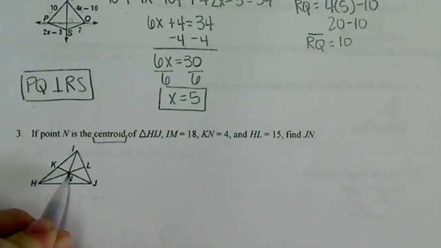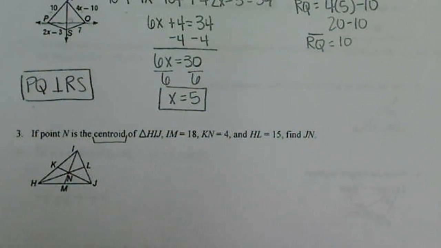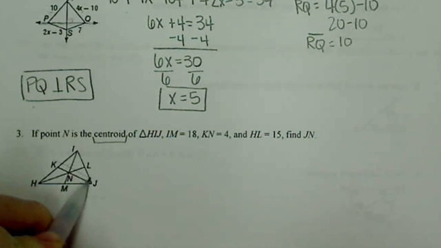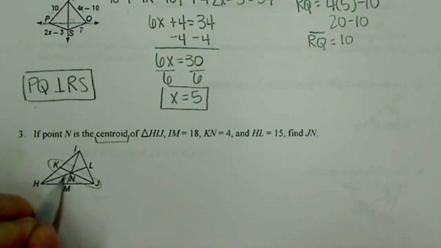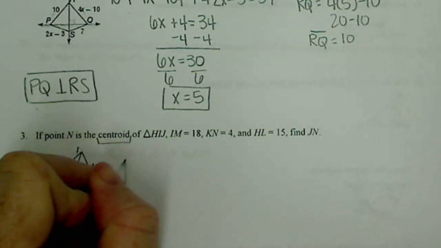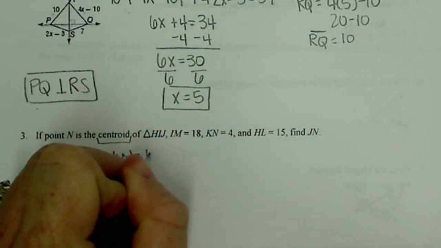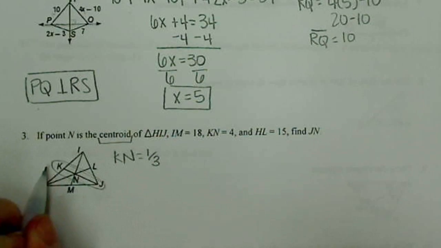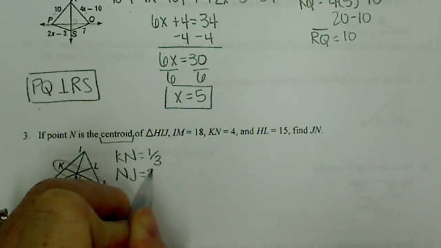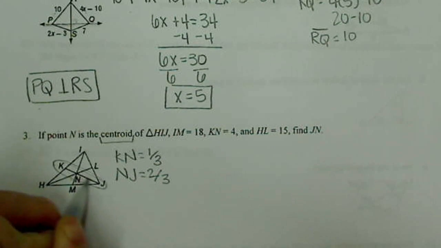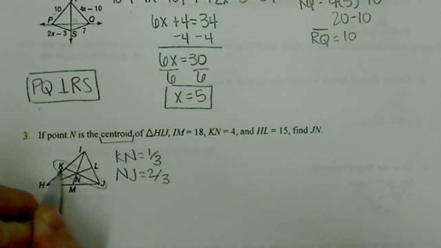All of them meet at this point N. It also means that there's a relationship of a median, that this median, JK, is broken down into thirds. Okay, that means that this little piece, KN, is 1/3 of JK, and it means that NJ is 2/3 the length of the median, JK.